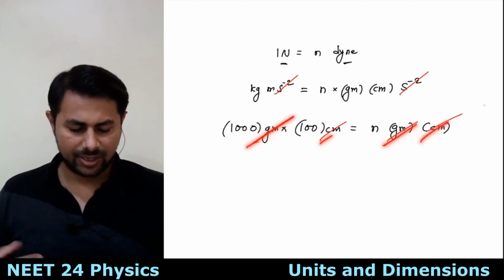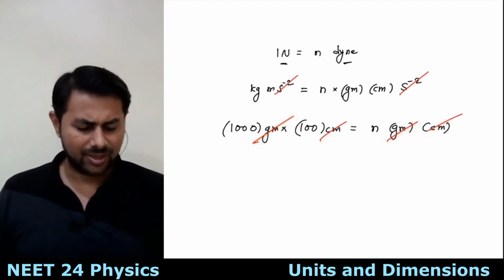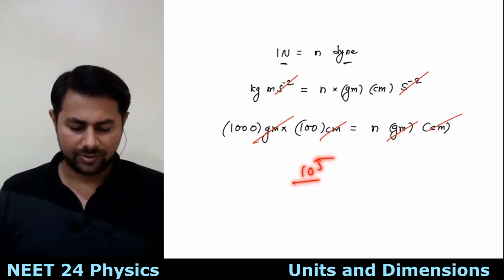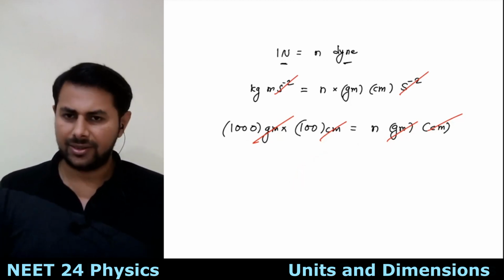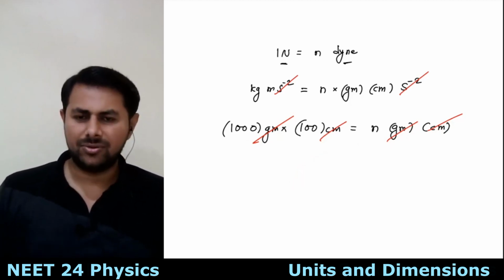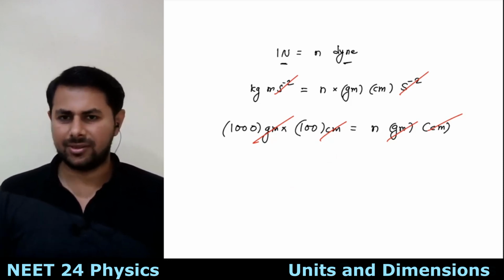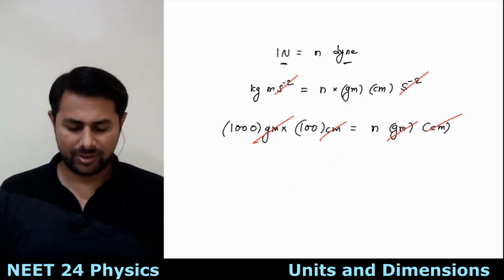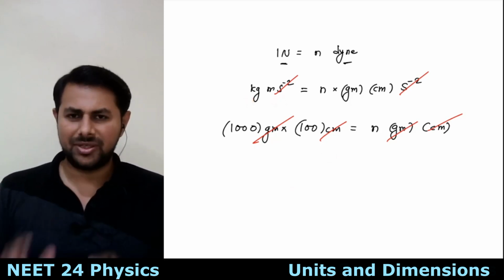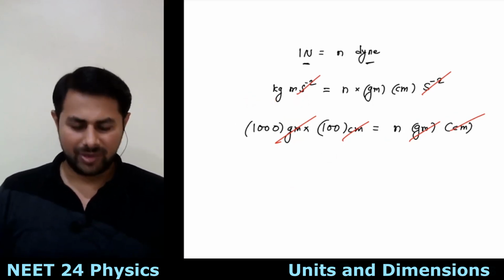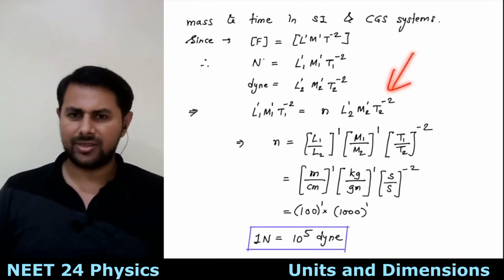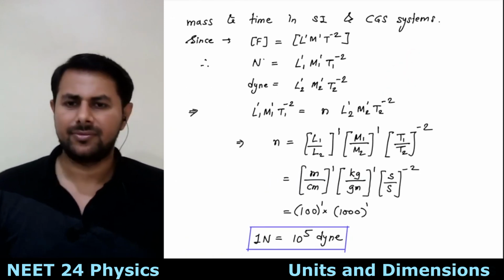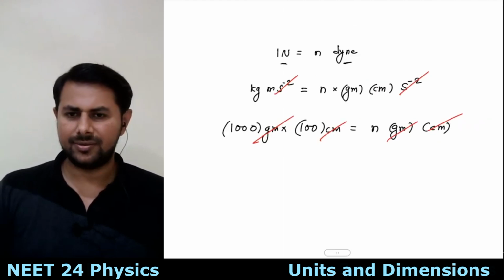Gram gets cancelled out, centimeter gets cancelled out, and here itself you get n equals 10 raised to 5, and you got it, right? So no need to use dimensions. Actually, in doing this also we use dimensions because we wrote the unit in proper form, right? But there is no need to do all this business. That's what I am saying. This thing is clear?